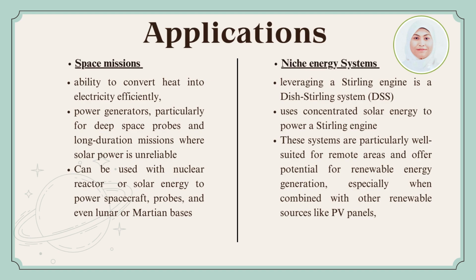The second application is niche energy systems, where a Stirling engine is leveraged in a dish Stirling system. It uses concentrated solar energy to power a Stirling engine, and these systems are particularly well suited for remote areas and offer potential for renewable energy generation, especially when combined with other renewable sources like PV panels.